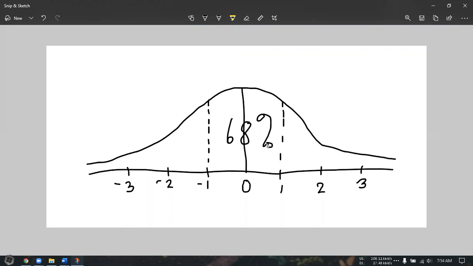If our mean is, let's say, 165, the average height, and our standard deviation is, let's say, 3, then one standard deviation away from the mean is 168.